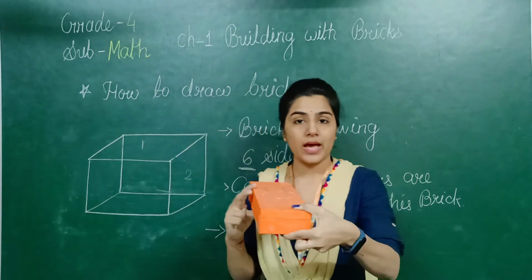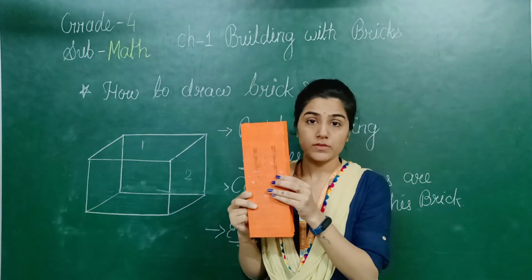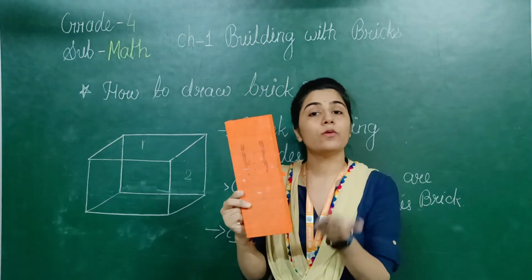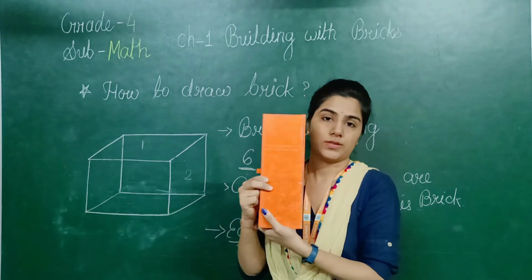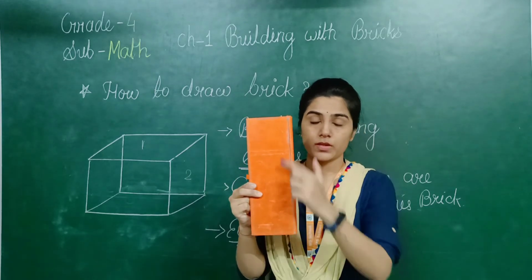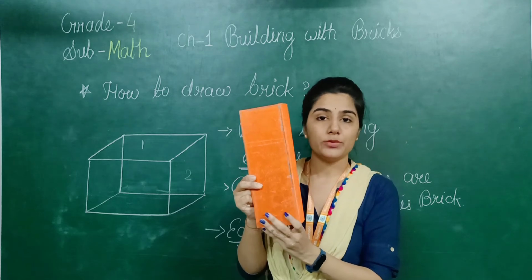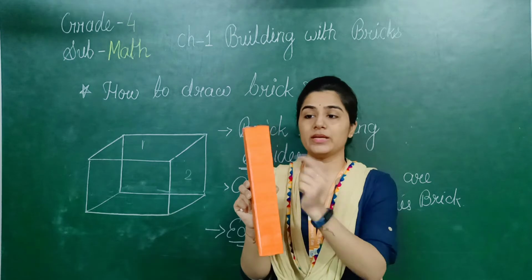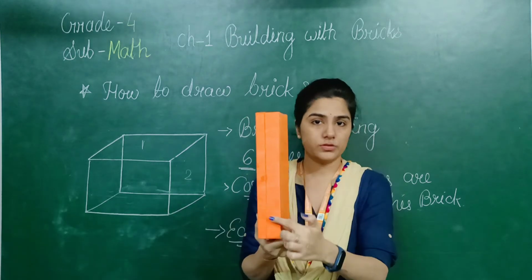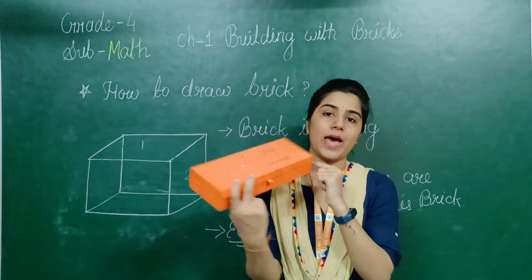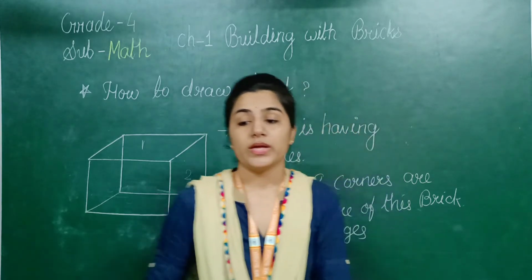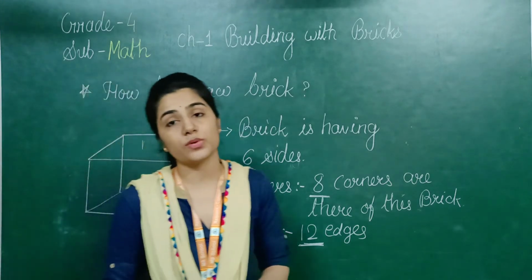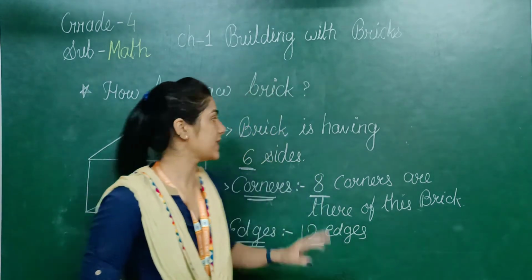Suppose I have this box, right? We can say this is the first face. Now the opposite side is this, so this is the second face. If I talk about this side, this is the third one. Exactly the opposite side is the fourth one. Fifth, and this is sixth. So a brick also has the same shape. That means a brick also has these 6 faces like the sides.